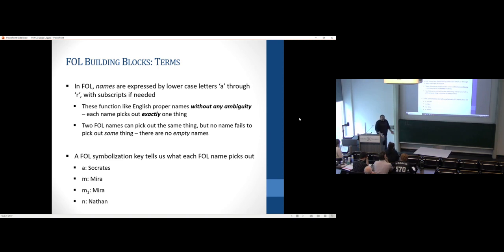That said, we can have two FOL names for the same thing. I might, if I wanted to, have Socrates or Steve, and I'll introduce lowercase a and lowercase b to refer to Steve for my own weird personal reasons. There's no bar in having multiple names for one thing. But what you can never have is one name for multiple things.